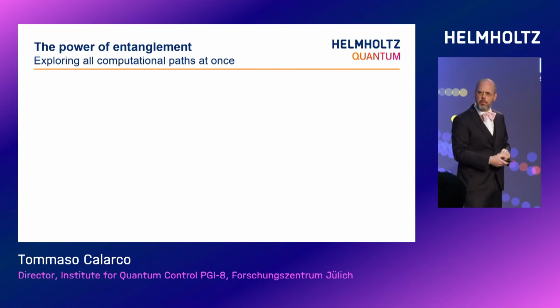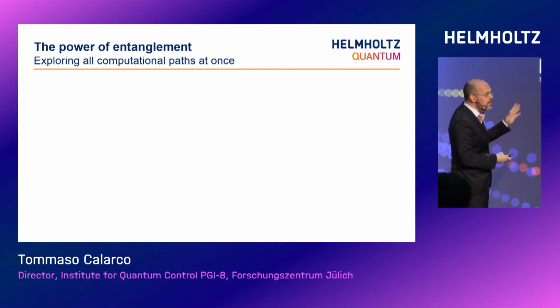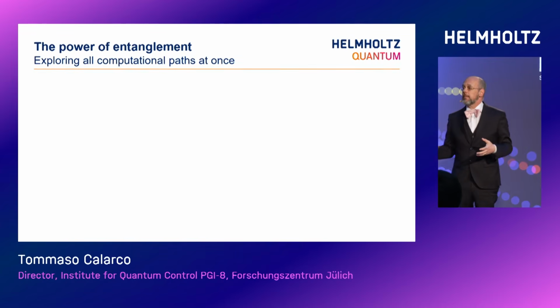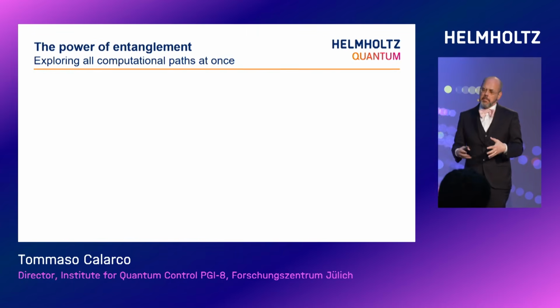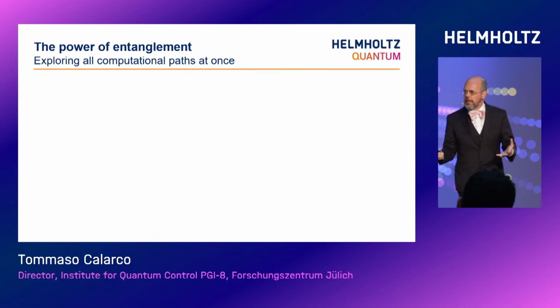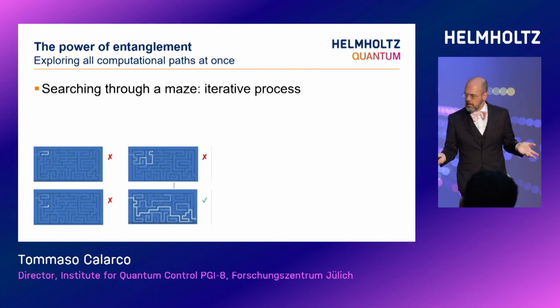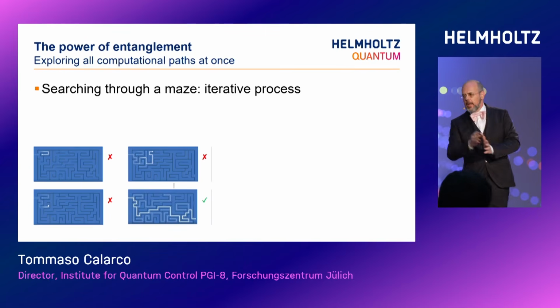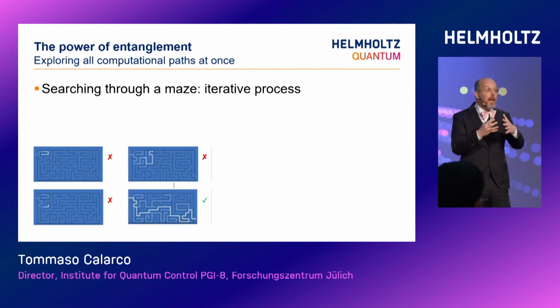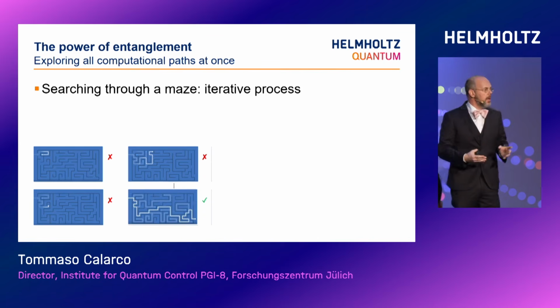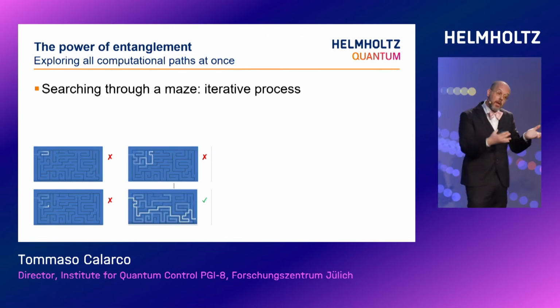What about quantum computing? This is when you use the power of entanglement. Let's imagine that I'm in a labyrinth. I have to solve a problem getting out of that. How do I do that? Well, I go left, I go right, then maybe I end up in a Sackgasse, yeah? And then I have to go back and say, okay, let me try another one.